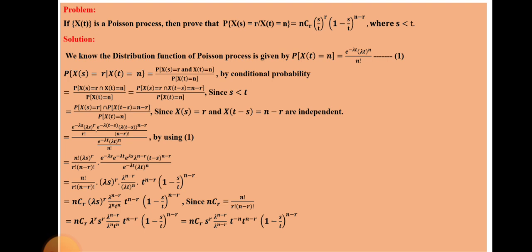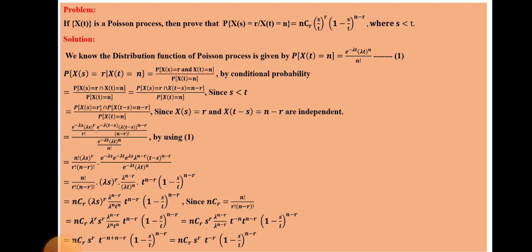Grouping lambda, numerator λ^(n−r), down we have λ^n, so it becomes λ^(−r) times λ^(n−r). Then t^(−n), because we have t^n in the denominator, then the remaining t^(n−r), (1 − s/t)^(n−r).